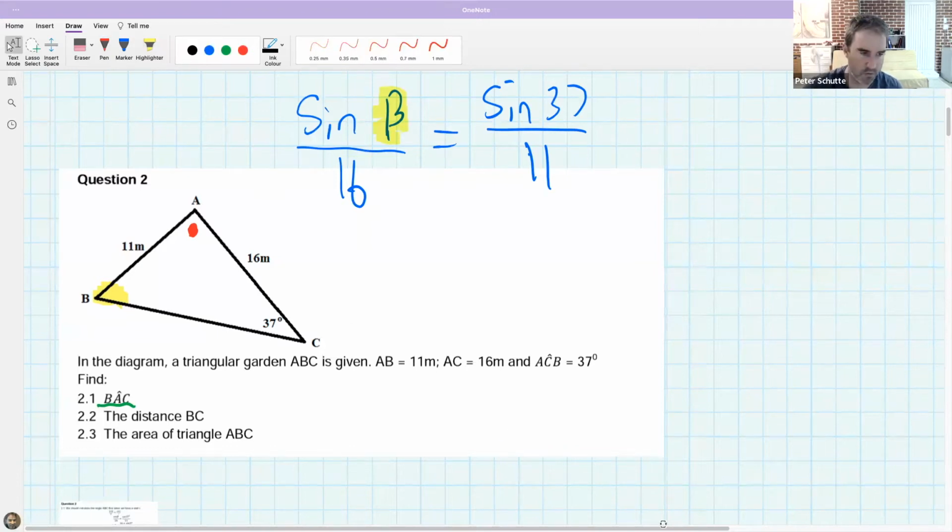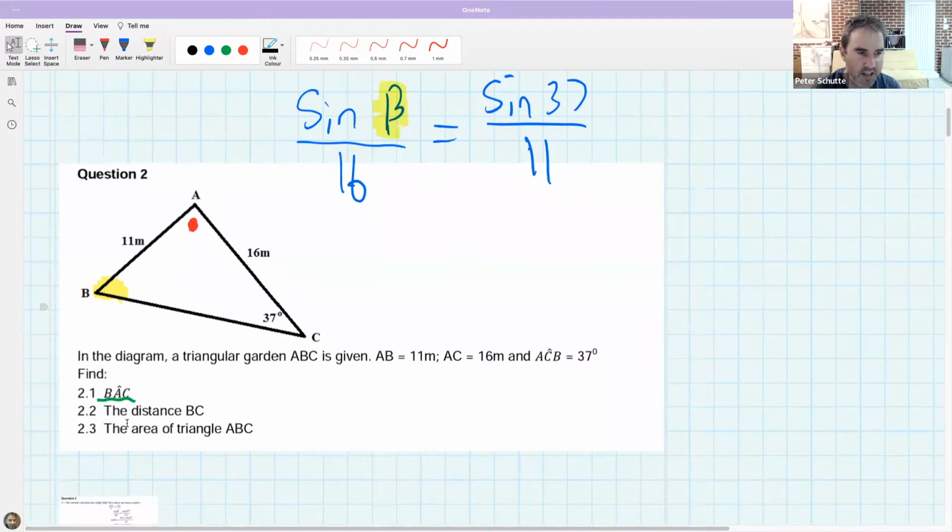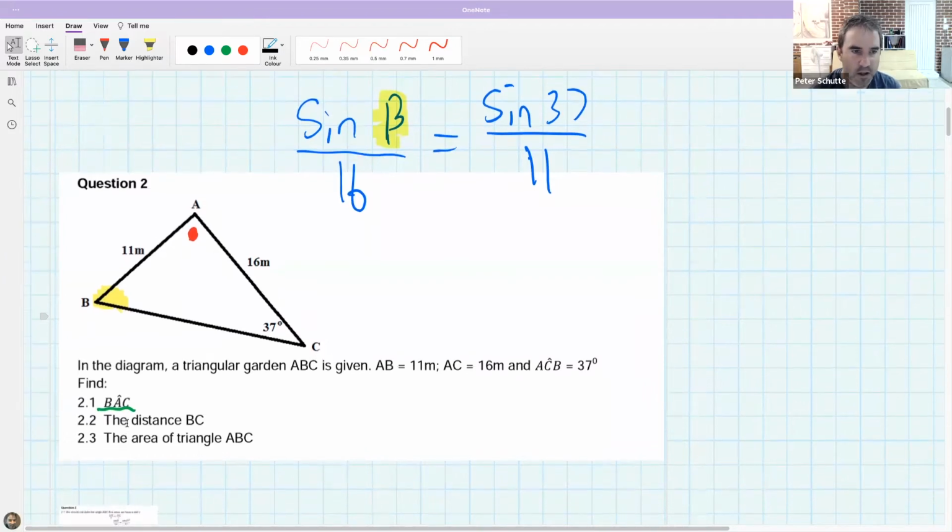So you can put your answer for B if you want in the chat, and then the answer for A. Or if you'd like to ask a question, just raise your hand and we can talk about it. But I think what I would be doing is I'd get the sine of beta equals this.